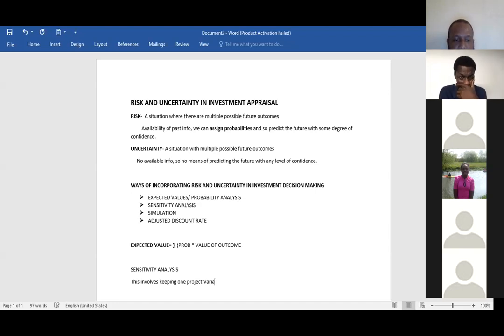Apart from the other aspects, on the financial acceptability, it's okay, we should accept it. Then how do you explain the risks relating to variable costs? Okay, the risk relating to variable cost has been captured by the use of expected values.